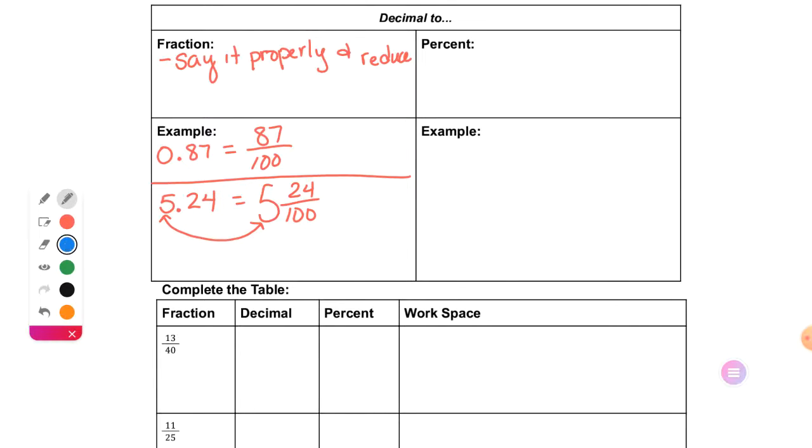What goes into 24 and 100? 2. Higher? 4. Or you can divide by 2, then divide by 2 again. It doesn't matter how quick you get there as long as you get there. But we're just going to divide by 4. And I'm going to show you a common error. So that's 6. That's what I will see. What is wrong with that, Nev?